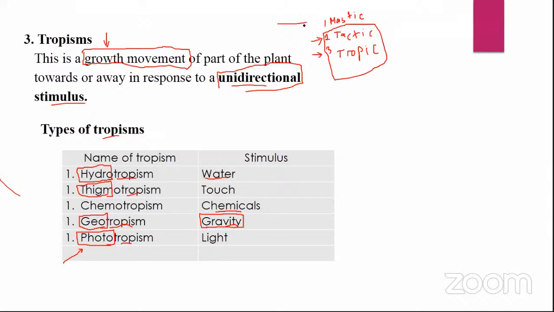But in nastic response, the stimulus is non-directional. Uni means one, single, unidirectional, coming from a given direction. But the difference is that the tropic responses are growth movements. The plant must grow towards or away from a stimulus. With the tactic, it involves movement of the whole organism, and with the nastic, it's just going to change based on the changes.